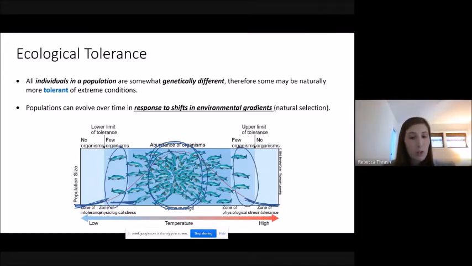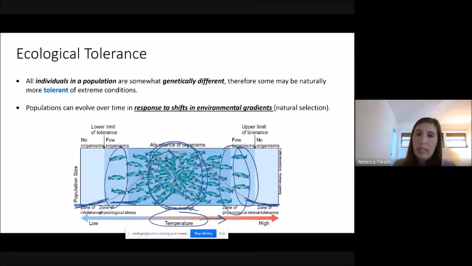Because of this natural variation within populations, they can evolve over time in response to shifts in these environmental gradients. So if these fish are in a freshwater lake that typically has this temperature, but over time the temperature slowly shifts, that means that the organisms that could occupy those higher temperatures are now at an advantage and may do better at these higher temperatures.